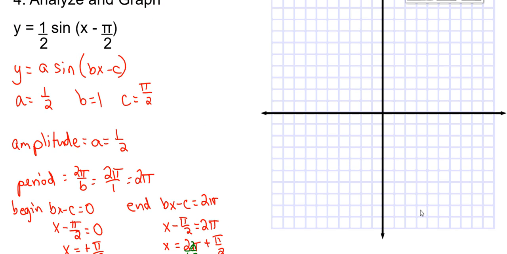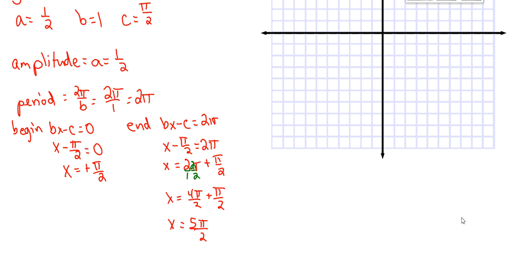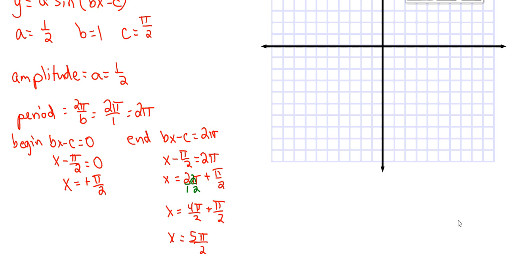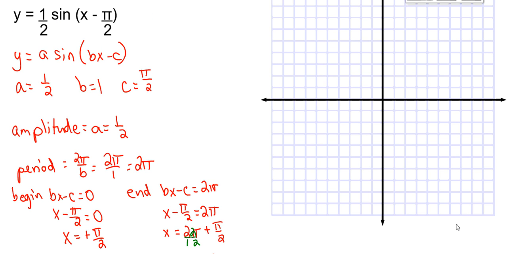But I like to figure that out so that I can see where things are going to happen as we go. And so let's just use the increments of pi over 2, because our period is still 2 pi. 2 pi divided by 4 is pi over 2. So I think we'll just use those as our cubbyhole boxes.